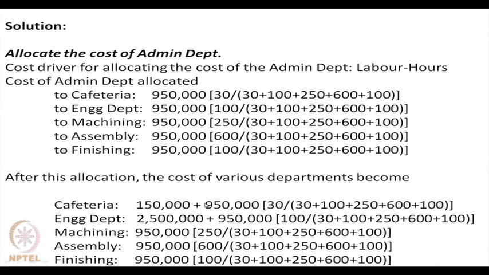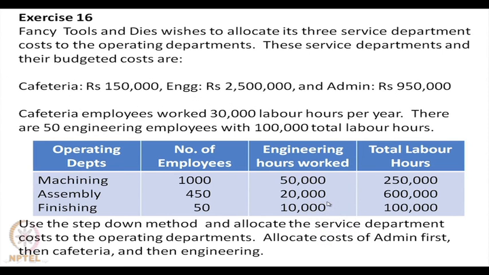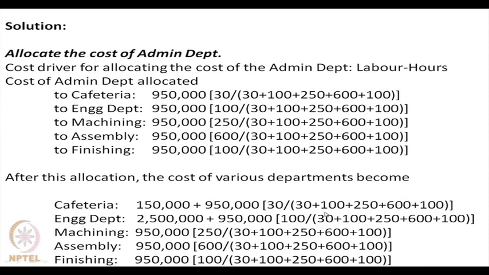So, 150,000 plus the cost allocated will be added for cafeteria, and for engineering department it was 2,500,000 plus this amount. For machining it is this, for assembly it is this, and for finishing it is this. So, this is the cost of various departments.